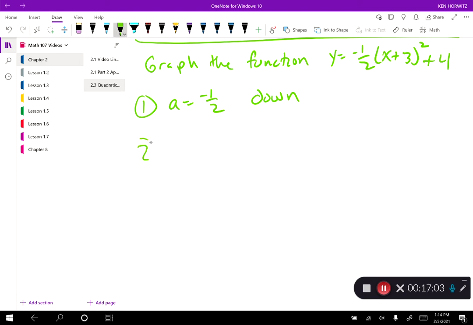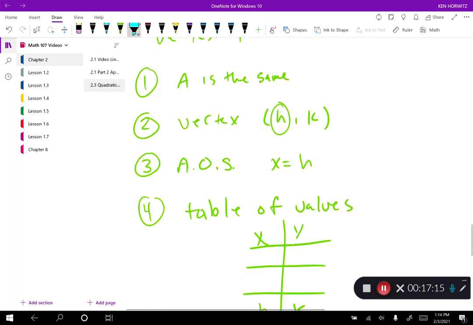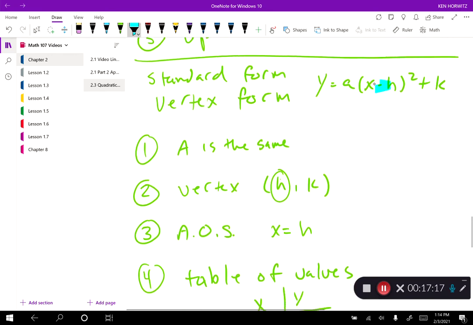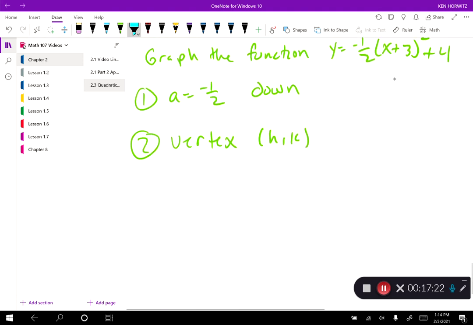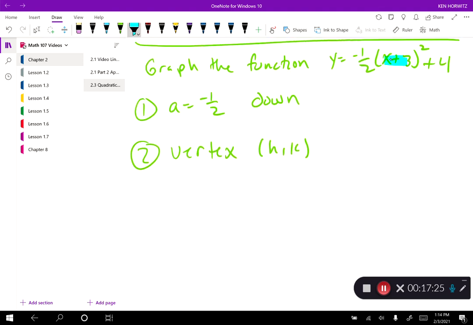Now, the second thing is a little bit tricky. We need our vertex, and that is h comma k. Now, here's the thing. In our standard form, it was x minus h, right? But in our example, in the parentheses, it's x plus 3.